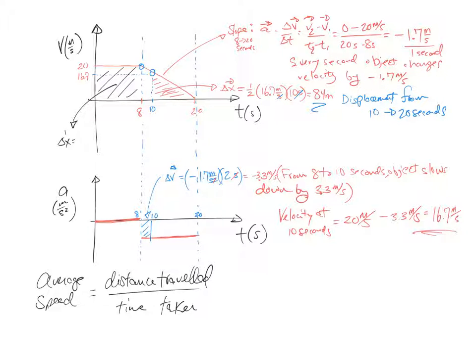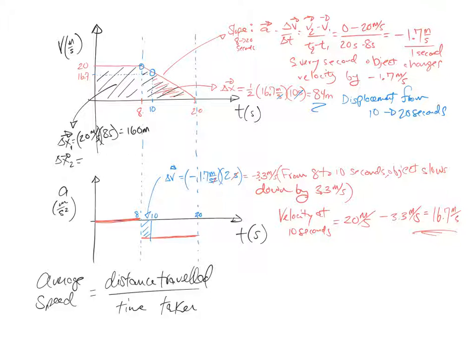That displacement is going to be 20 meters per second times 8 seconds, so that's 160 meters. And then why don't I just do this triangle as well, that big one, okay? So I'll call that delta x1 and then delta x2.